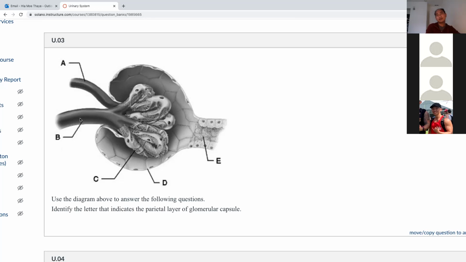Because the bigger artery coming in became the glomerular capillary, which is C, and leaving out is smaller. Efferent is smaller. So exit is small, entrance is big.